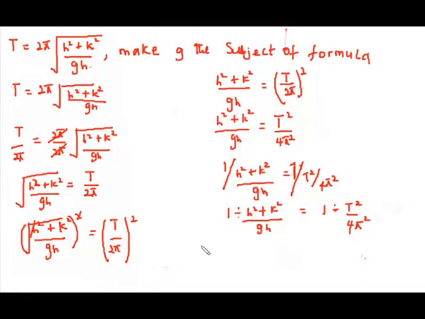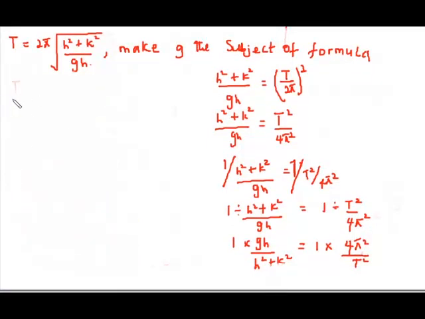So switching this, you have 1 times gh over h squared plus k squared, which is equal to 1 times 4 pi squared over T squared. So this becomes gh over h squared plus k squared equals 4 pi squared over T squared.